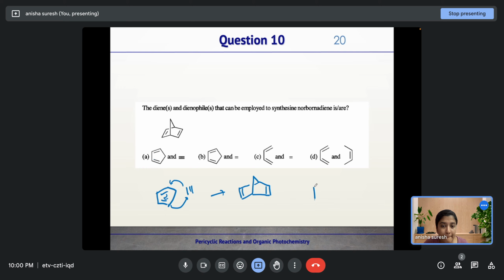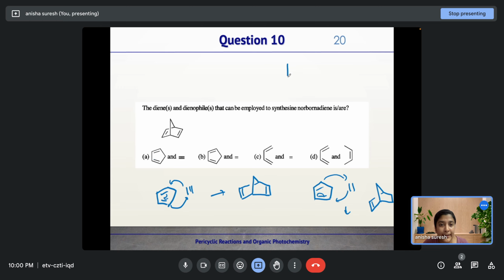Second option, if you are reacting with this, you will get norbornene, not diene.